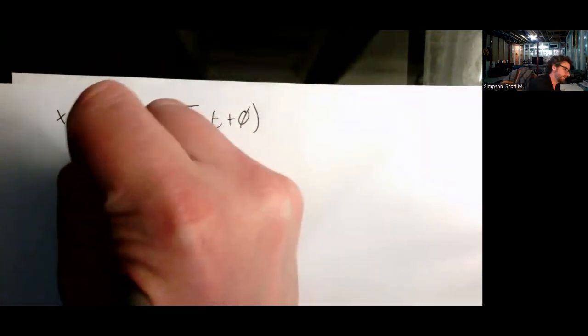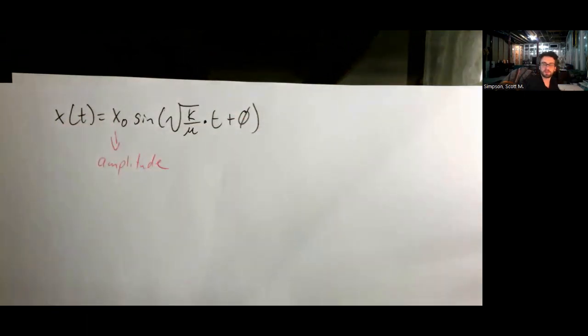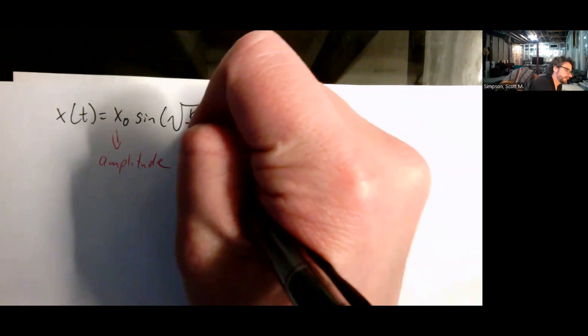Where this x naught is the amplitude, or the maximum amplitude of the oscillation. K, that's our desired force constant. That's the thing we want to figure out in a minute. M is our mass.